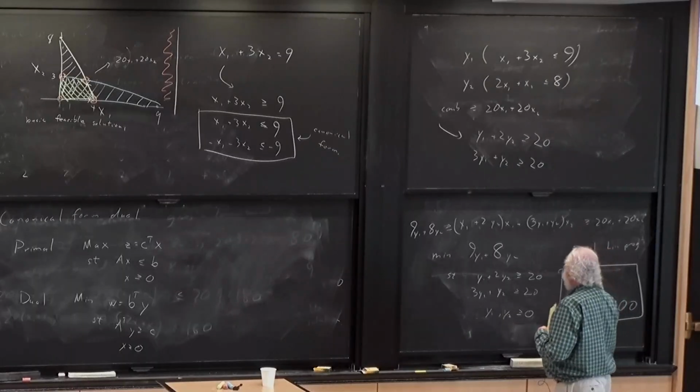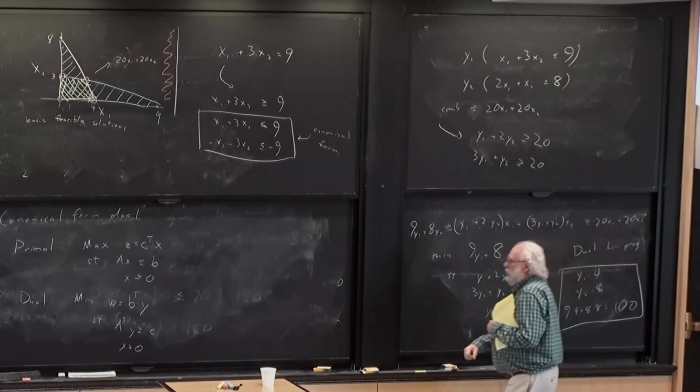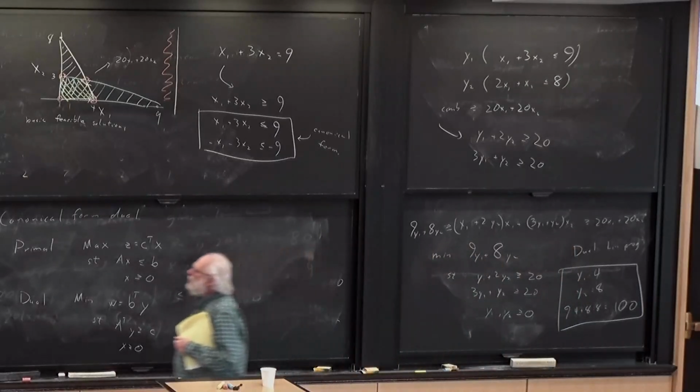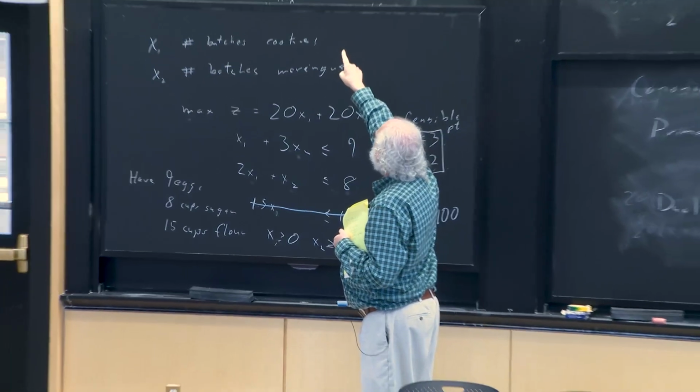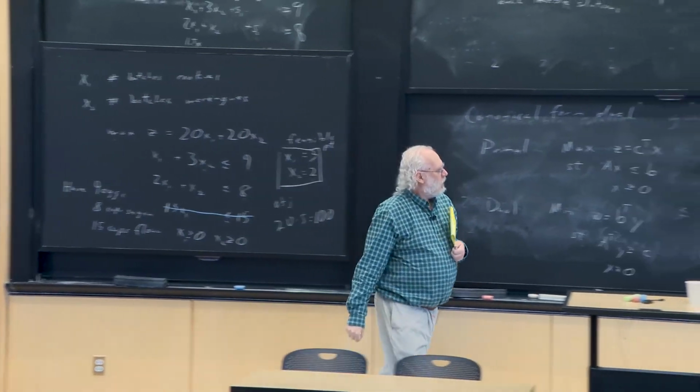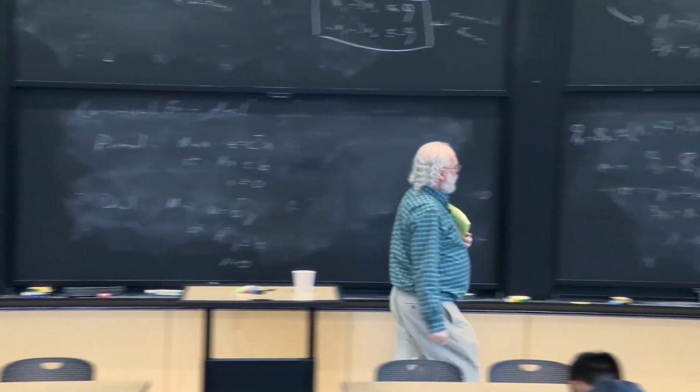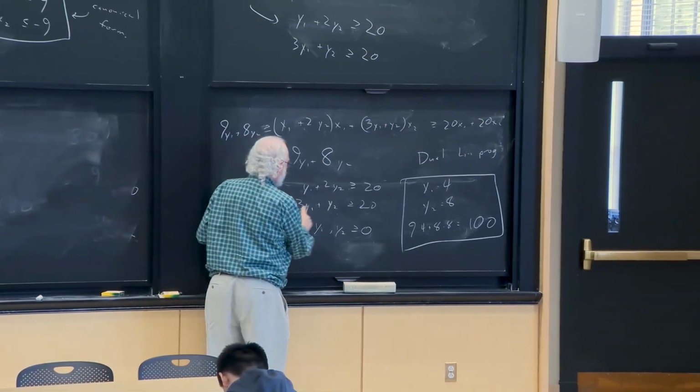When we did this example, the original linear program had the matrix A, 1, 3, 2, 1. This now has the matrix A equals 1, 2, 3, 1.